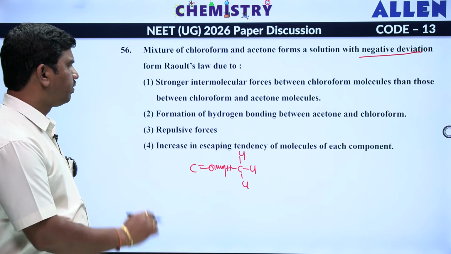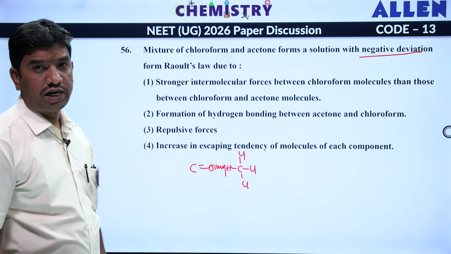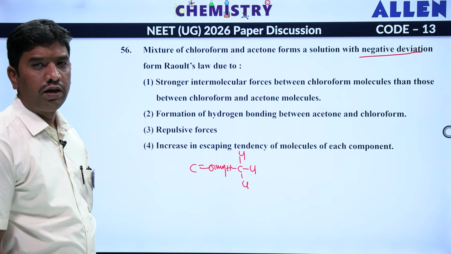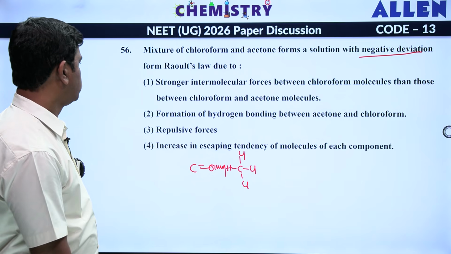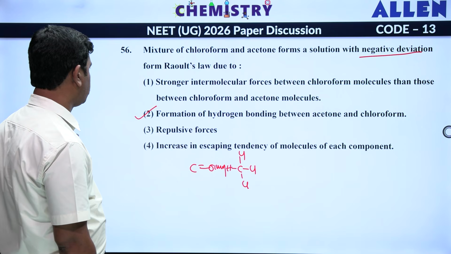So formation of hydrogen bonding between acetone and chloroform increases the attraction forces between the two components. Because of that, this one comes under a negative deviation. So here option 2 is the answer, 56th question.